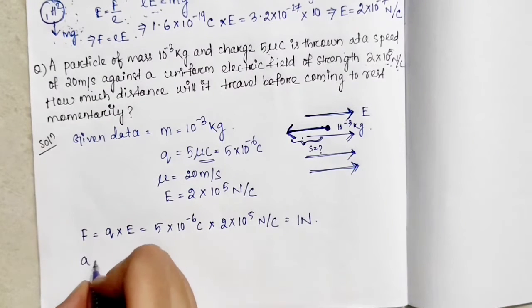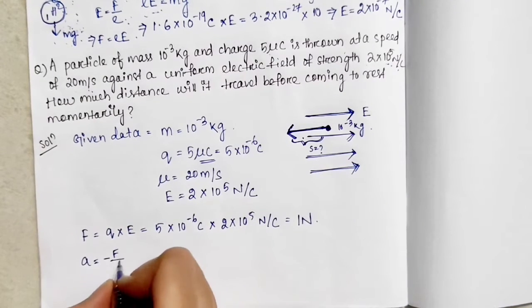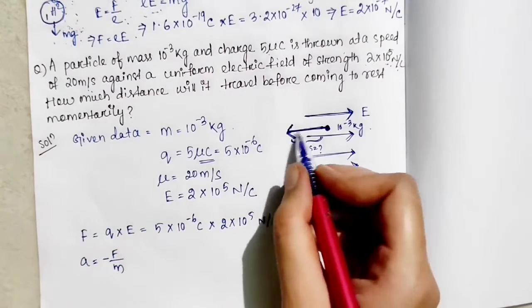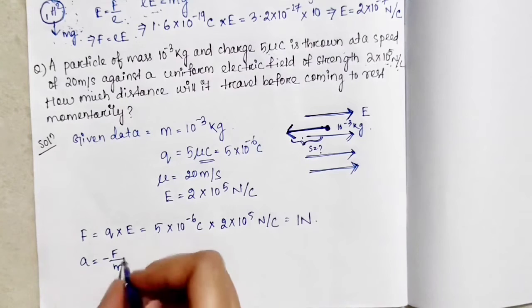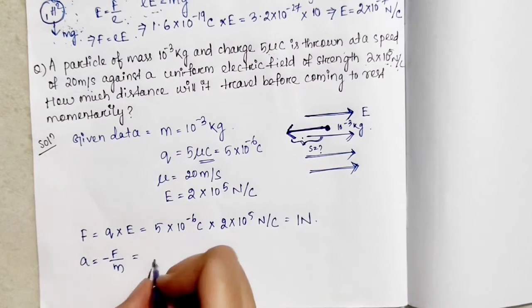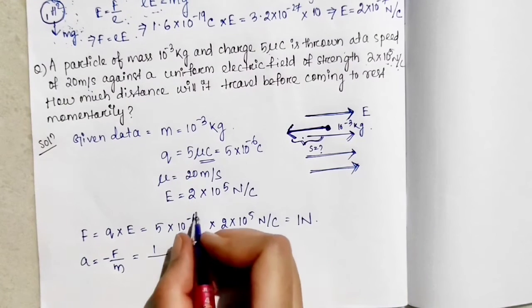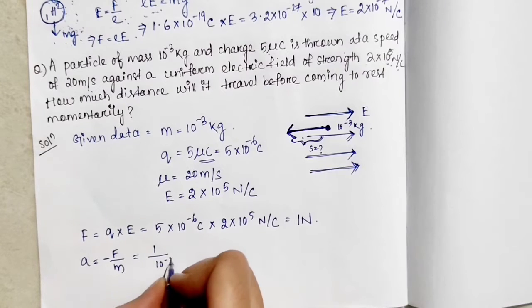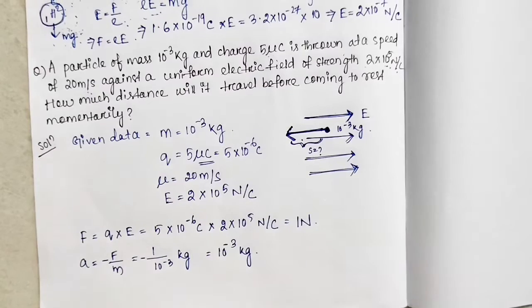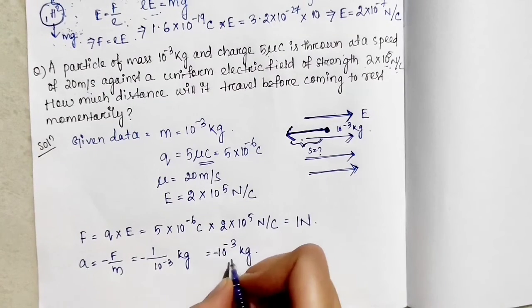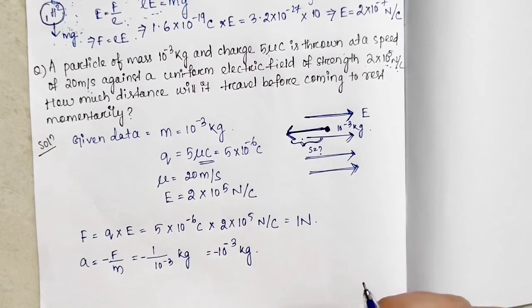Acceleration A is equal to minus F by M. This minus sign is due to the opposite direction to the electric field in which we threw it. Force is 1 divided by the mass, 10 to the power minus 3 kg, so the acceleration is minus 10 to the power 3.